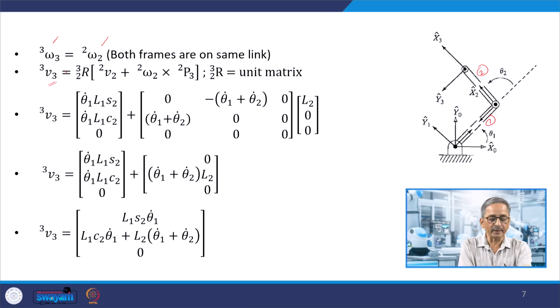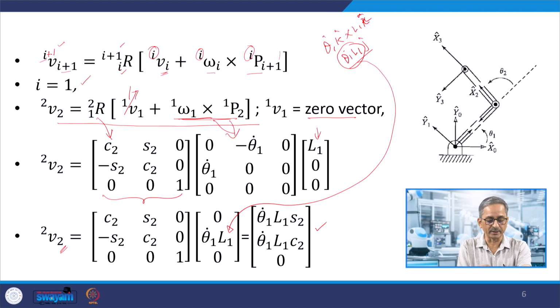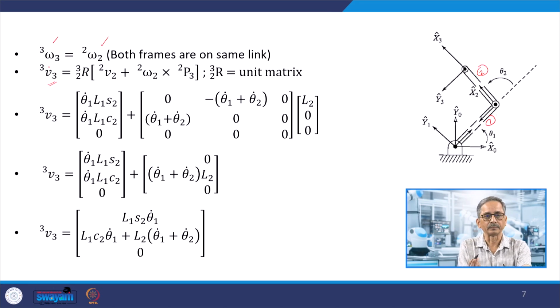Alright. And we can evaluate V33. And this V33, of course, if in the previous equation I put i equal to 2, I get this V3, right. So, this one I can get. Now, this R23 is a unit matrix because both frame 2 and frame 3 are on the same link.